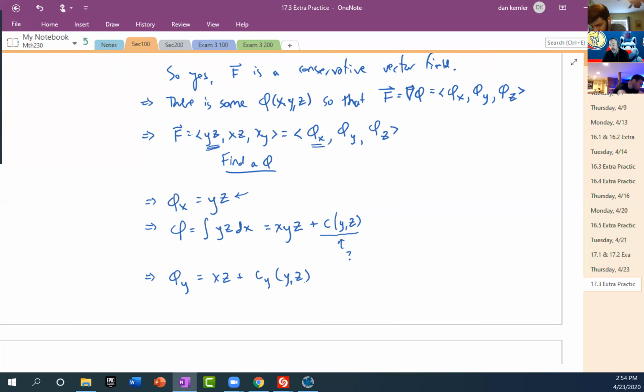But we know what the partial derivative of phi with respect to y is. It's up above. The partial derivative of phi with respect to y is the y component of our field. So this must be equal to xz.